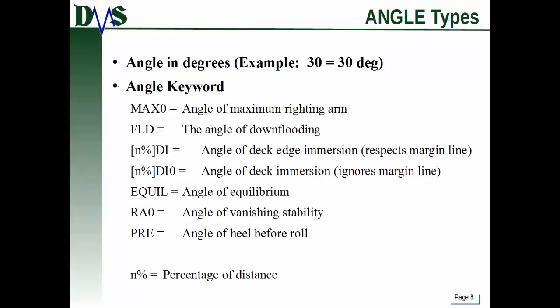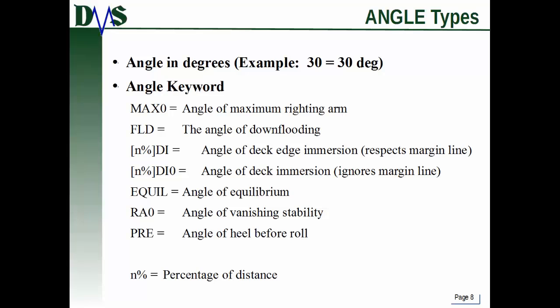This is the part that makes the limit commands so powerful: the angle specification can be a number or a keyword that represents important points on the righting arm curve. So the max 0, that's going to be the angle of maximum righting arm. You can also just type max in there, and that works.